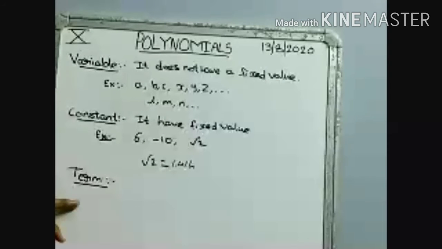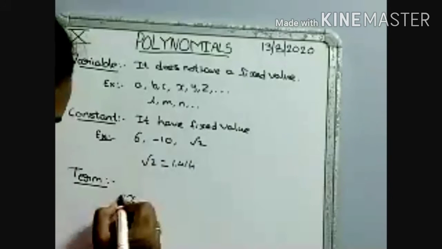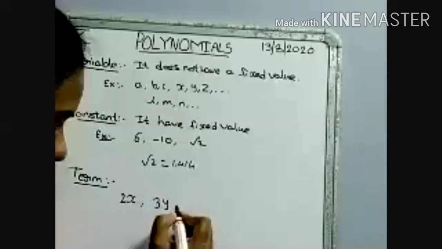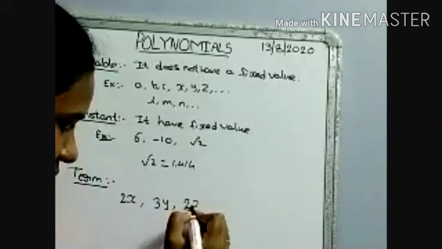See, term. Term means what? If you take any product or quotient, suppose you take here 2x, or 3y, or 2xy. 2x is 1 term, 3y is 1 term, 2xy is 1 term. Why? Because we are writing each as one part.